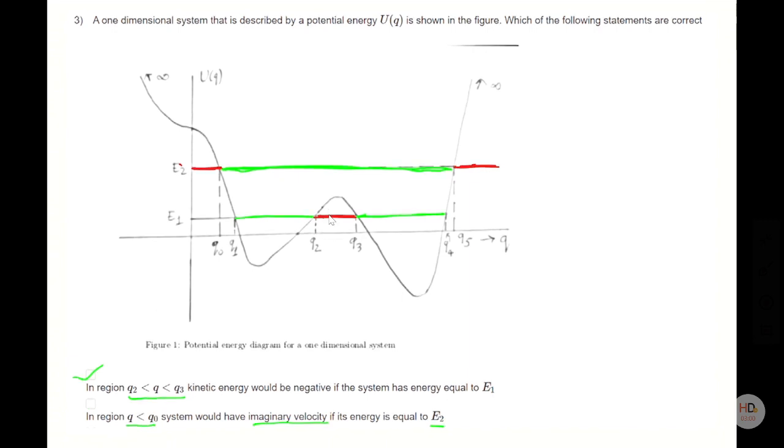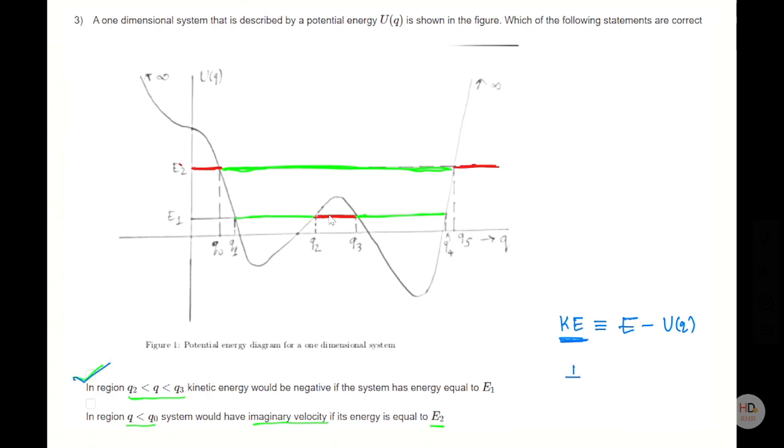So the definition here is that kinetic energy is defined as total energy E minus your potential, whatever that is. So obviously in this region, this value is negative. It does not mean if the particle is there, then it will have a negative kinetic energy. It simply means that the particle cannot be there. But if you just mathematically, blindly put down the numbers, your kinetic energy would turn out to be negative, which is why this is correct.